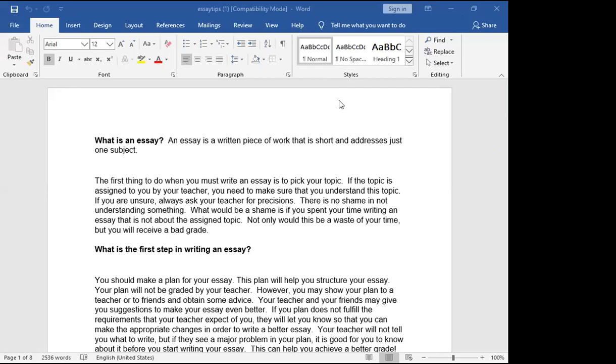So an essay is a written piece of work that is short and addresses just one topic. So the rule is, just pick a topic within the storyline you have been given, and from that particular storyline, it is the very one you are going to write about. So the first thing to do when you must write an essay is to pick your topic.